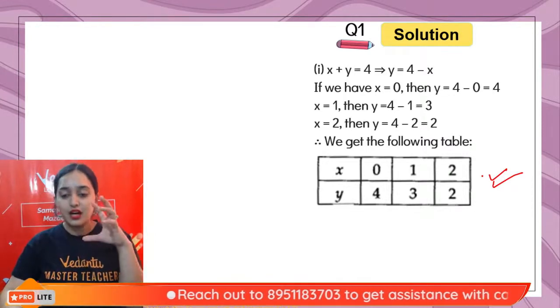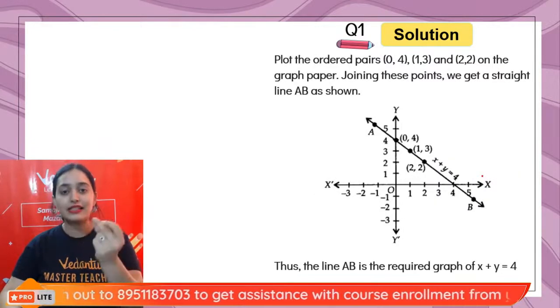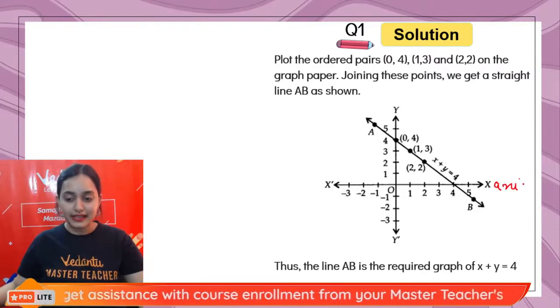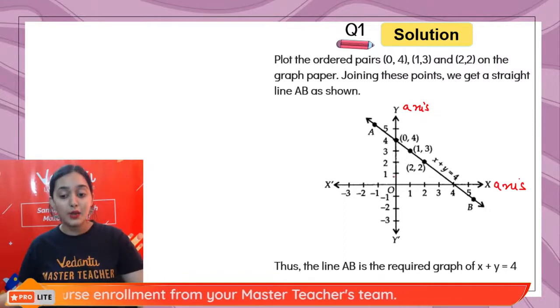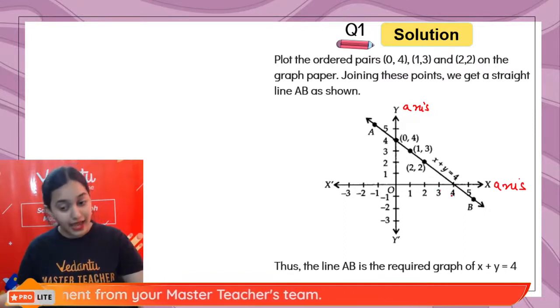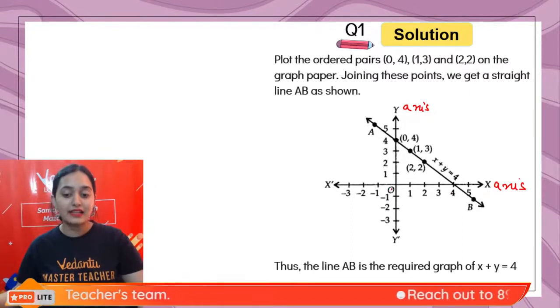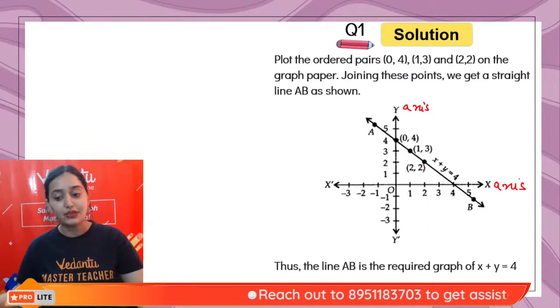So we have the coordinates of all the points, right? Now let's start plotting them. So first of all, I will draw the x-axis, then I will draw the y-axis, then I will mark the points on the axis 0, 1, 2, 3, 4, 5. Similarly on the y-axis 0, 1, 2, 3, 4, 5. After marking the points, what will I do?